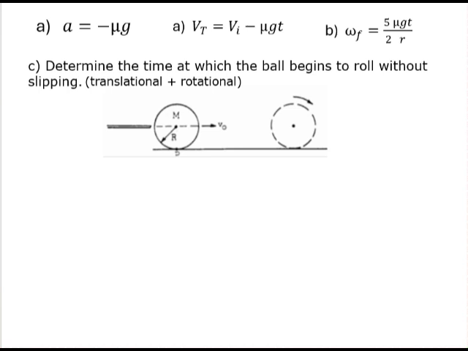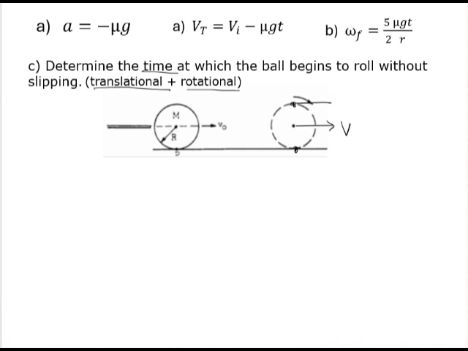In our last step, we want to determine the time at which the ball begins to roll without slipping, which means we have both translational motion and rotational motion. If we consider again what's going on with the velocities when you have both translational and rotational motion, at our 3 points, we know that the velocity at the center of mass is going to be constant.